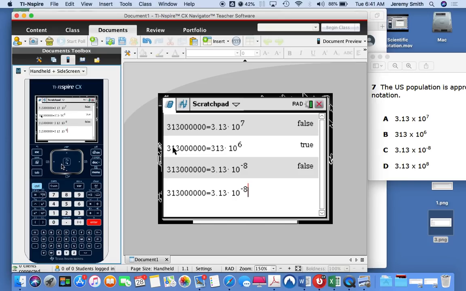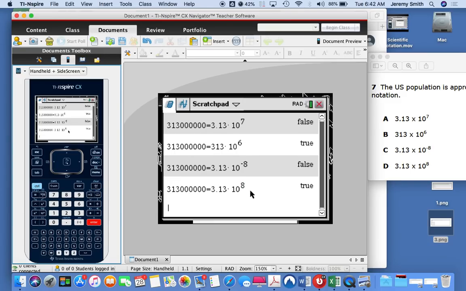And the last one is 3.13 times 10 to the 8th power. All right, so I'm stuck with a dilemma. Both of these are true. I know this answer, C and A, are not viable because the calculator is telling me that it's false.